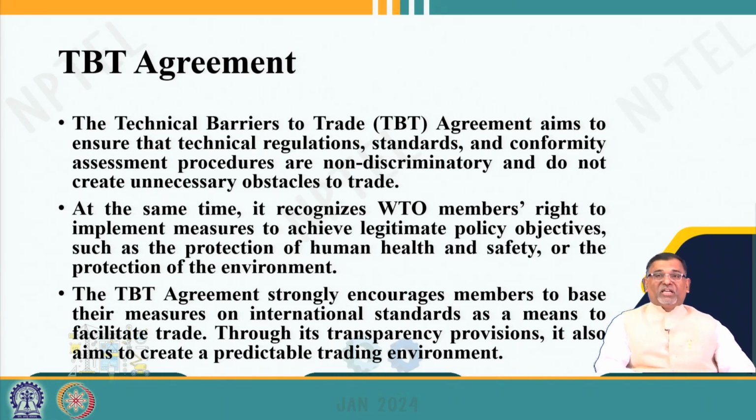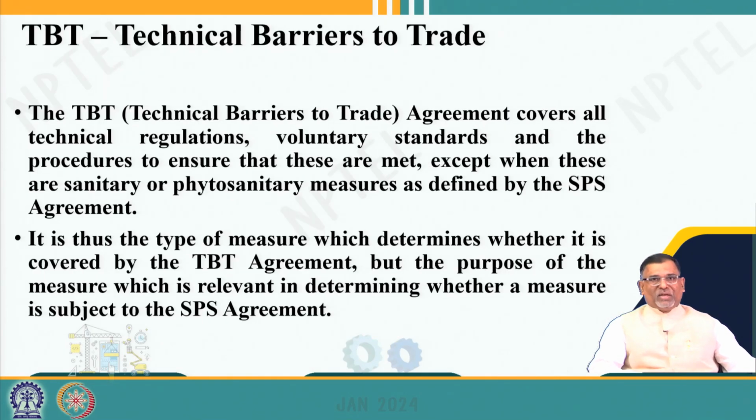The TBT agreement also encourages the members to adopt international standards developed by international organizations, and transparency provisions are very important and crucial in the TBT agreement as well. So, here it covers technical regulations, voluntary standards and procedures, other procedures to supplement the SPS agreement.